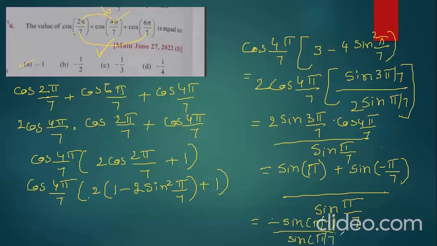You know sin π is 0, and sin of minus θ is minus sin θ. So minus sin π by 7 divided by sin π by 7. I forgot the 1 by 2 here. So sin π by 7 cancels, and we get minus 1 by 2. This is our answer, you understand?